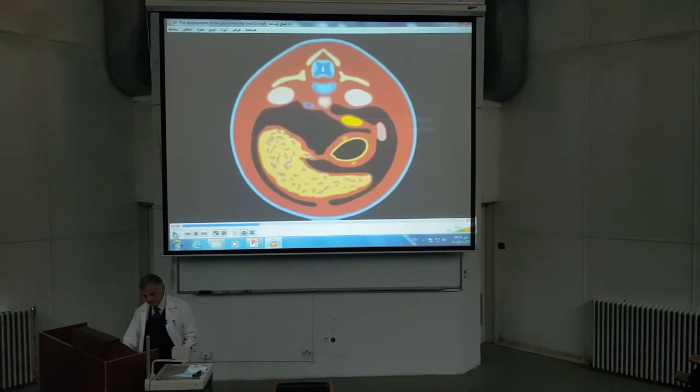See? That's the dorsal part of the pancreas. This is the spleen. And what was posterior in the stomach now is to the left. What was anterior, now it is to the right.